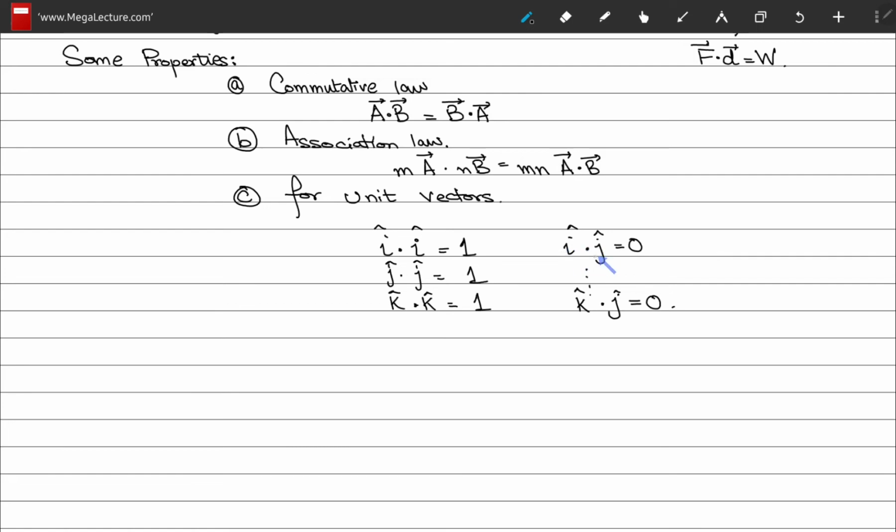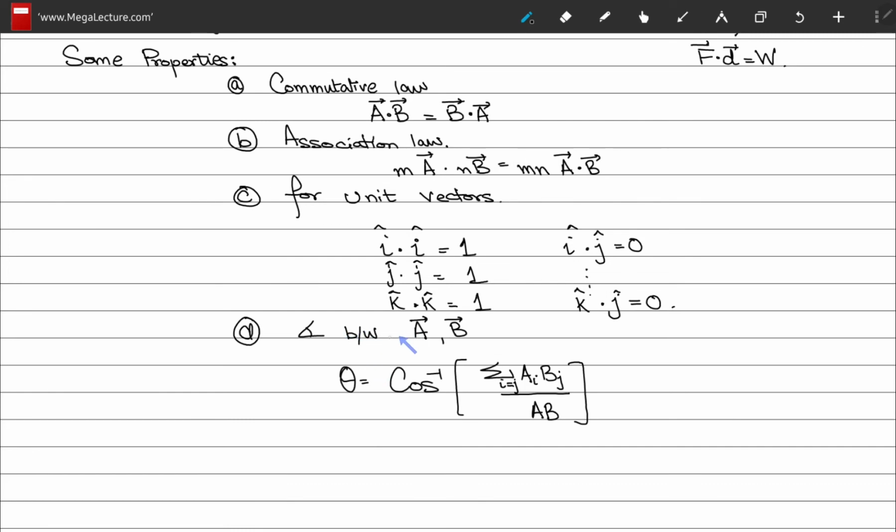Note that these two vectors are perpendicular to each other, i and j, and likewise k and j, and so on. So if I take two different orthogonal or perpendicular vectors, then the scalar product of those would be 0. And likewise, if I take the unit vectors which are exactly the same and take the dot product of those two, it will give me 1.